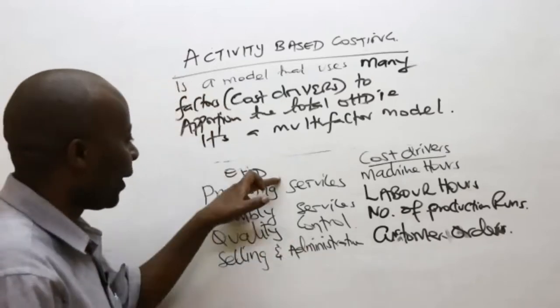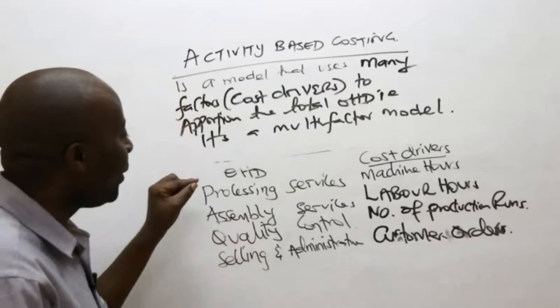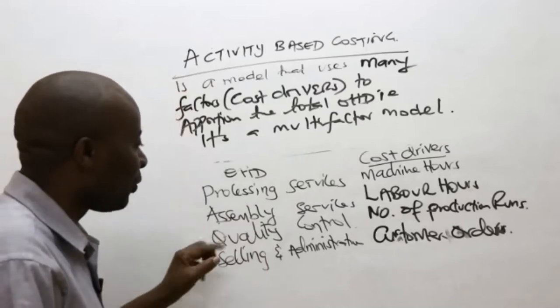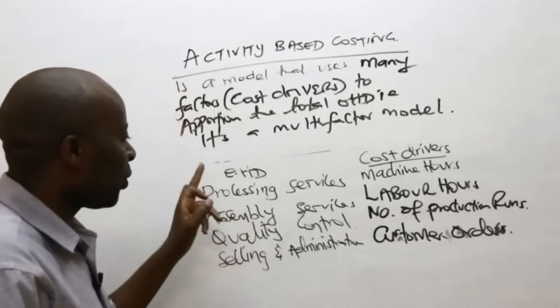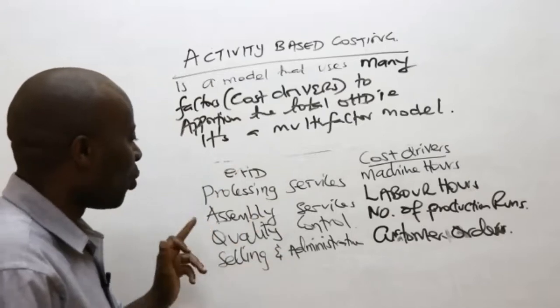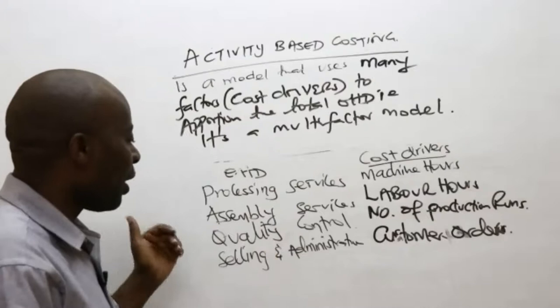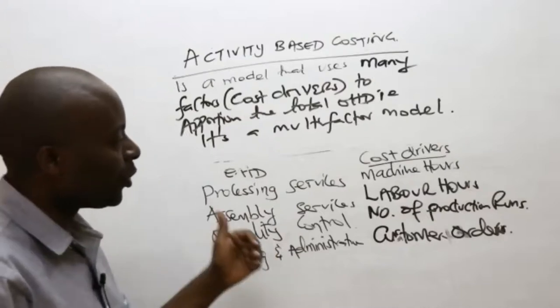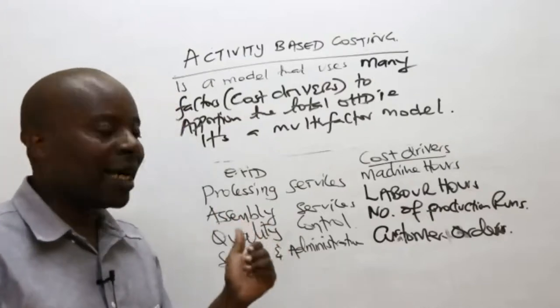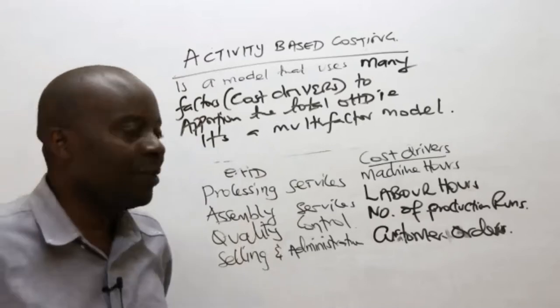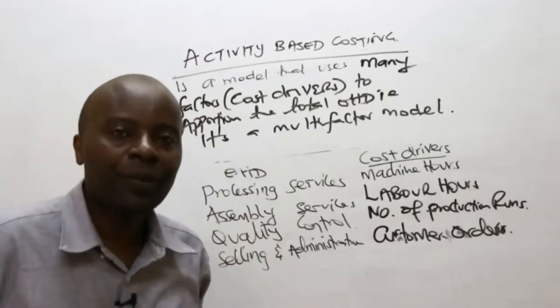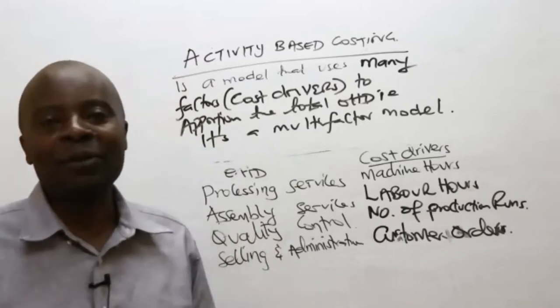Because it is ABC, we need to know the components of the total overhead. So we have processing services, assembly services, quality control, and then selling and administration. Now, our work this morning will be very easy.